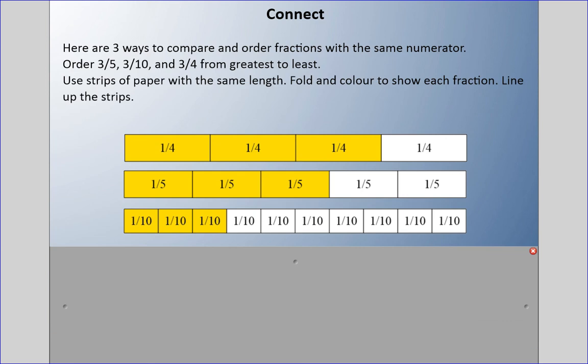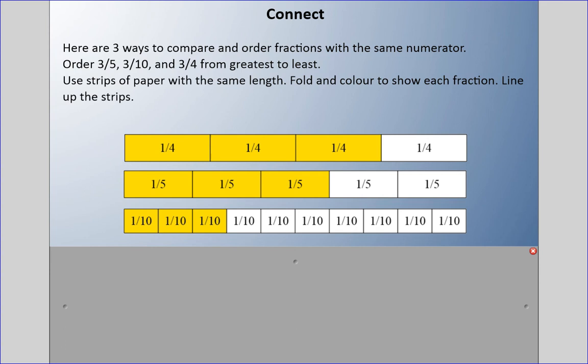All right, so there's a few ways we can compare and order these fractions with the same numerator. Again, the denominator is different, but I can't stress enough that the objects have to be the same size or same thing. So here I have bars that are the same length. If we're comparing pizza pies, I know I bring up pizza a lot, they have to be the same size. You can't have a large pizza divided into different pieces than a small.